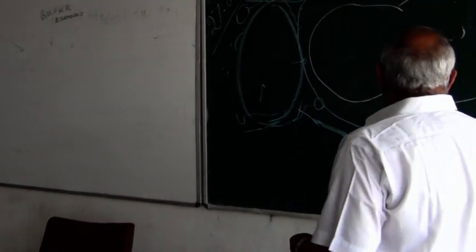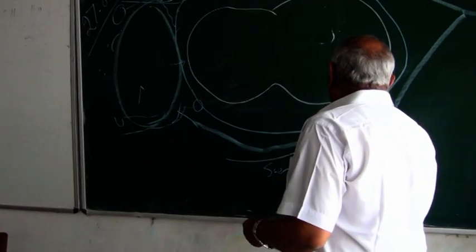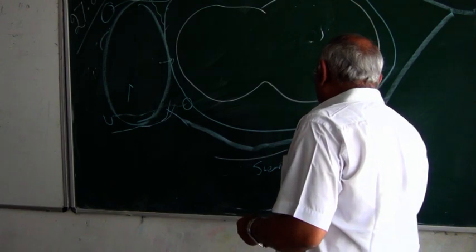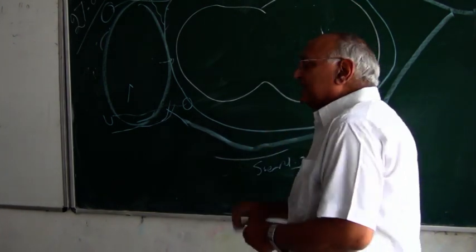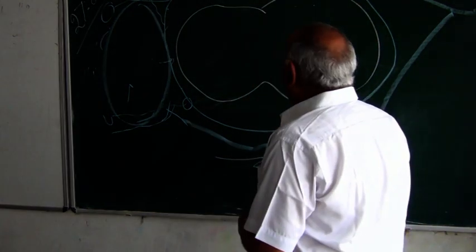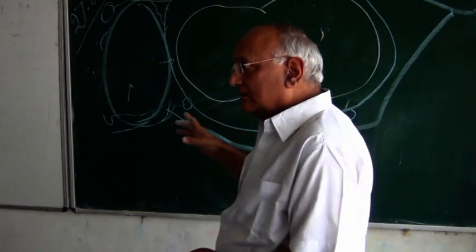So we puncture at the site of lumbar 2 or lumbar 3 or lumbar 4 because the sac is going down up to the sacrum. Anesthesia is given for lumbar, lumbar anesthesia.